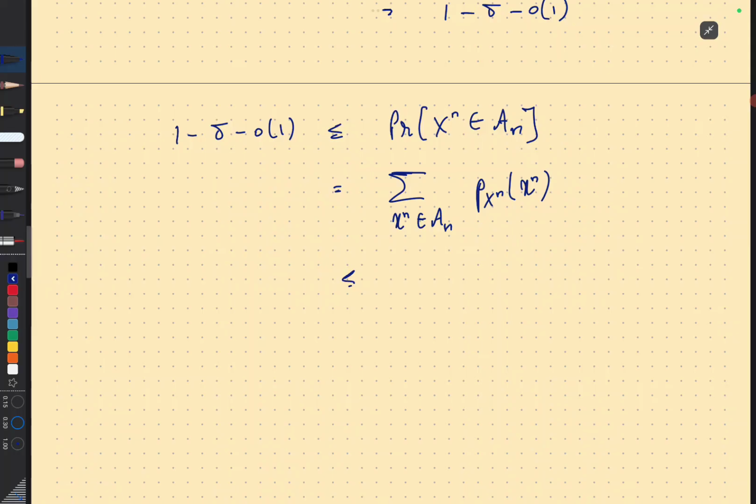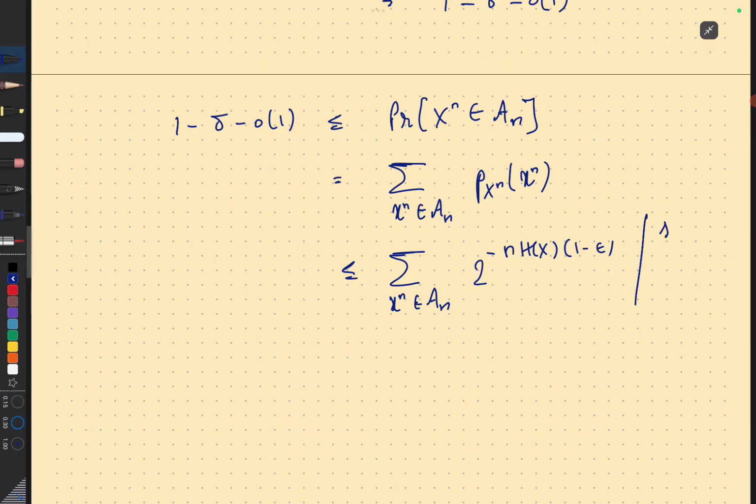So in particular, this is less than or equal to the sum over x^n in A_n of 2 to the minus n times the entropy times (1 minus epsilon), since x^n must lie in T_ε, and therefore satisfy the property that we had proved earlier.